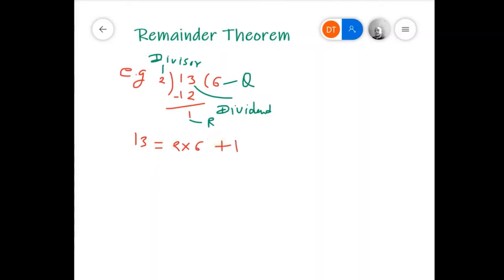So we can set up the relation as dividend equals divisor into quotient plus remainder, right?